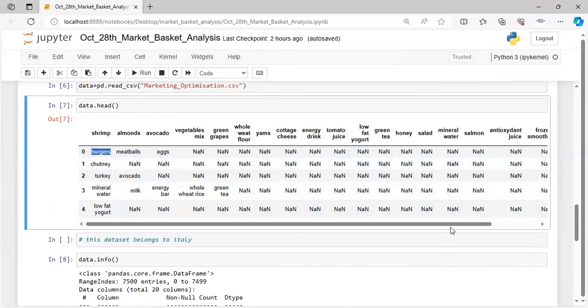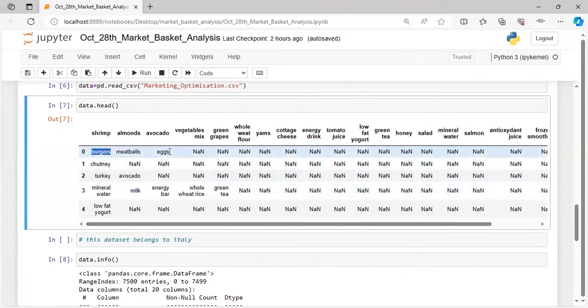This is that data set basically. So shrimp with burgers, almonds, meatballs, eggs, avocado. Yes, along with this, in one invoice they found all those things.